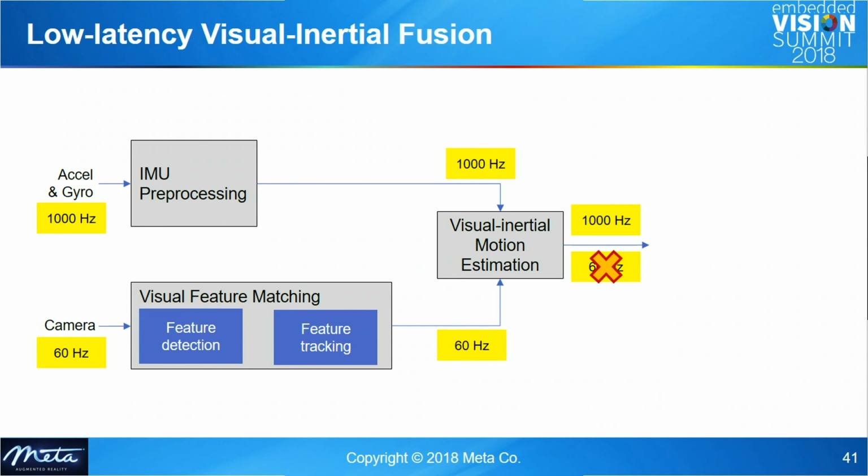Then every now and then we also get a new frame from the camera, and that's when we do this constraining of the IMU-based pose that I spoke about previously. So we try to get new low latency poses based on the IMU out as quickly as we can, and then whenever we get data from the camera, we correct for whatever drift might have happened because of the IMU.